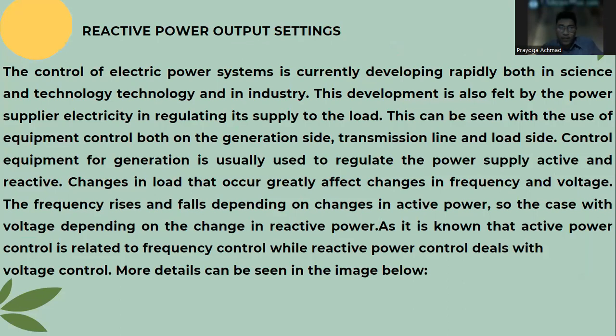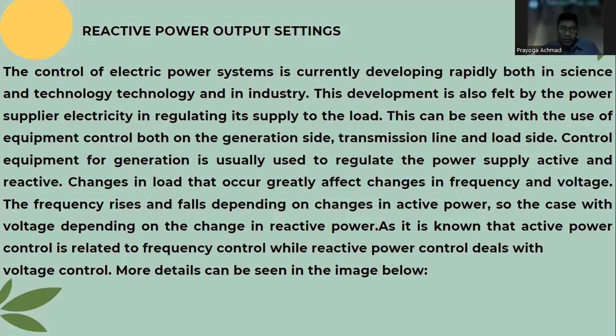The control of electric power systems is currently developing rapidly, both in science and technology and in industry. This development is also fueled by the power supply. Electricity is regulated as it is supplied to the load. This can be seen in the use of control equipment on the generation side, the transmission line, and the load side.